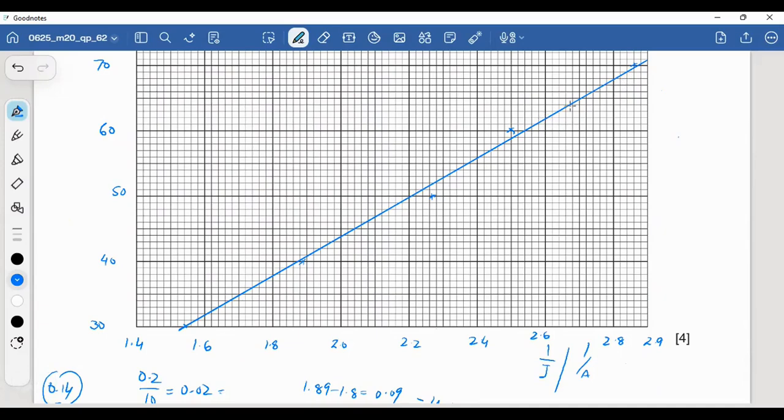For example, I suggest we take this point and this point here. These 2 points are more than half of the drawn line.